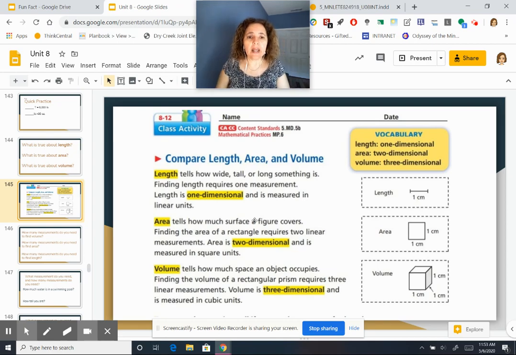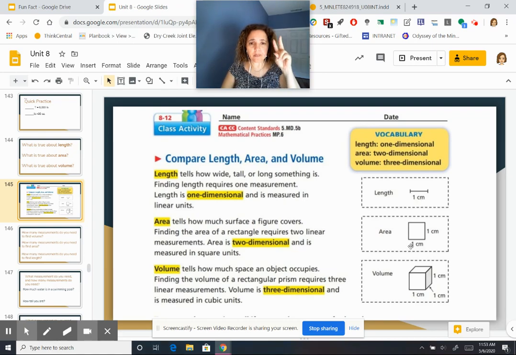Okay. Area tells how much surface a figure covers. So finding an area of a rectangle requires two linear measurements. An area is two-dimensional and is measured in square units. Okay. Length, one dimension, one measurement.